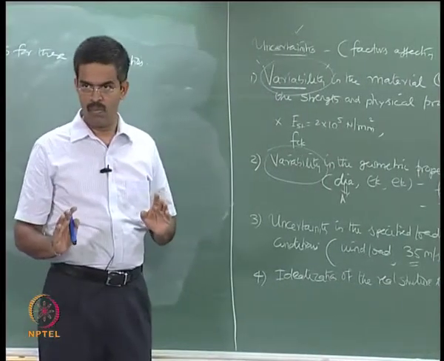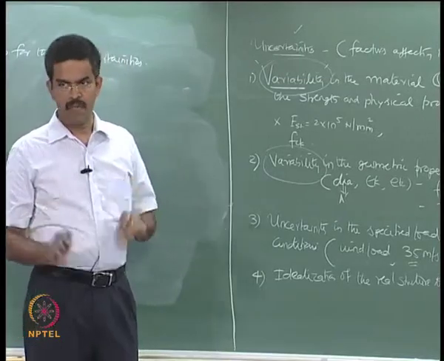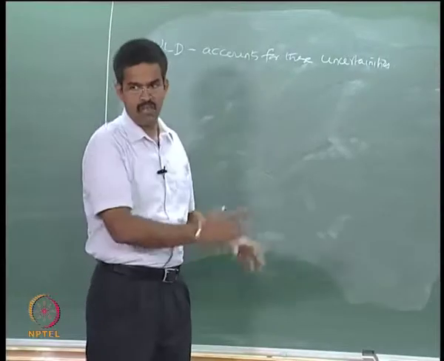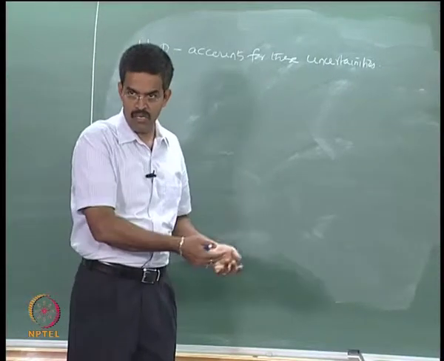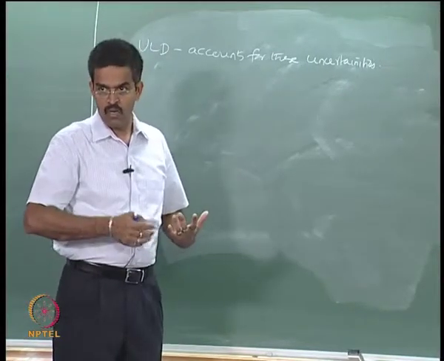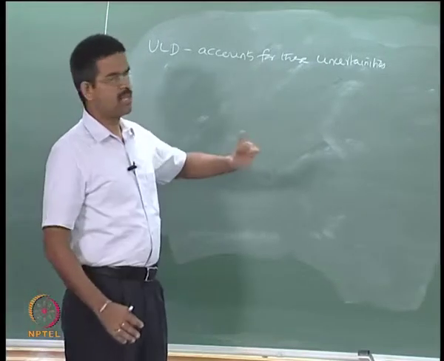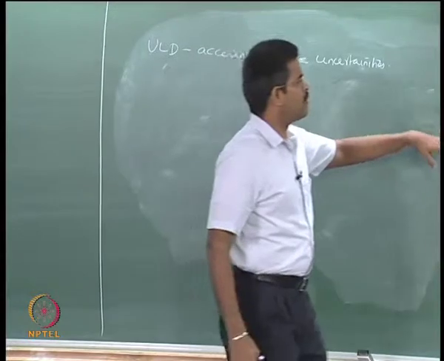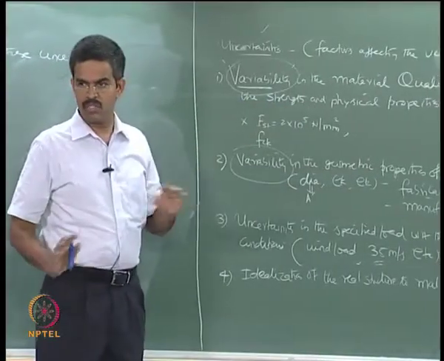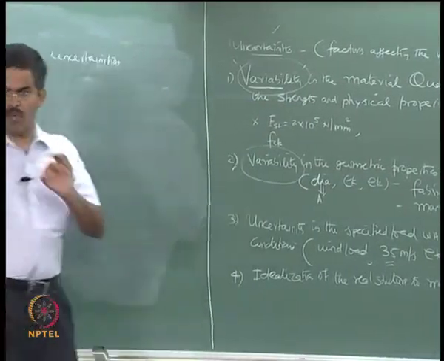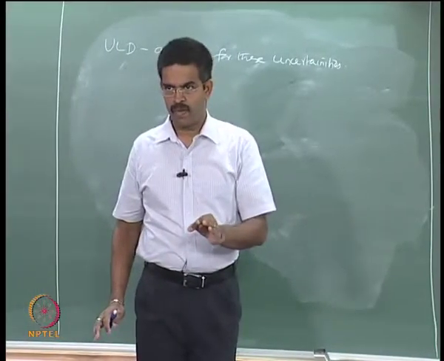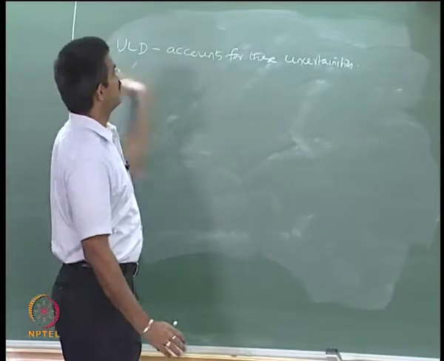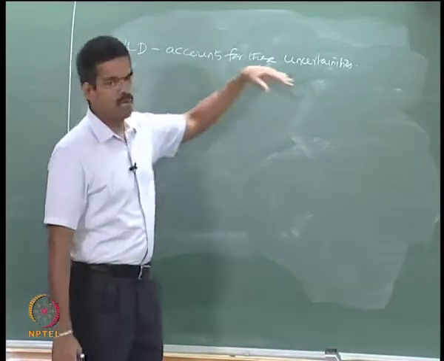The answer is no. Please understand, this design methodology is not a green flag given to the manufacturer, the fabricator, the engineer, or the quality inspectors to wave off. Okay, let us not have good workmanship, let us use material of any strength. No, that is not so. Then you will agree, how do we impose this condition strictly in the design, because it says bluntly that ULD accounts for these uncertainties.